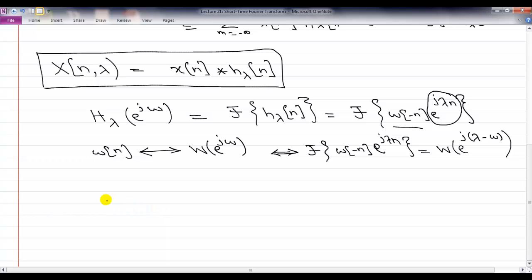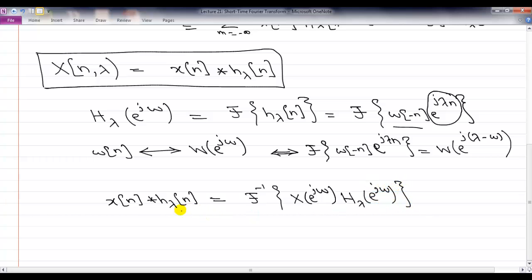So this means that x of n convolved with h lambda of n is simply equal to the inverse Fourier transform of X(e^{j omega}) H lambda(e^{j omega}). They are equivalent.